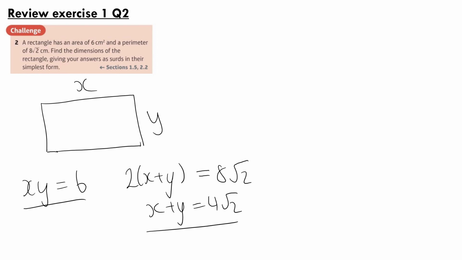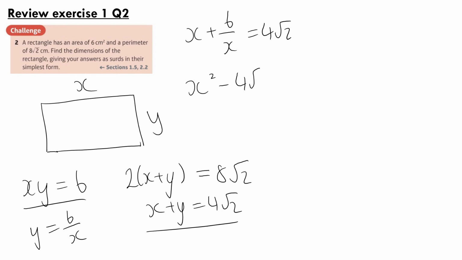So if we divide both sides of the first equation by x, we get y equals 6 over x. And we can plug that into our other equation to get x plus 6 over x equals 4 root 2. And multiplying both sides by x and taking the 4 root 2 to the other side, we get x squared minus 4 root 2 x plus 6 equals 0.